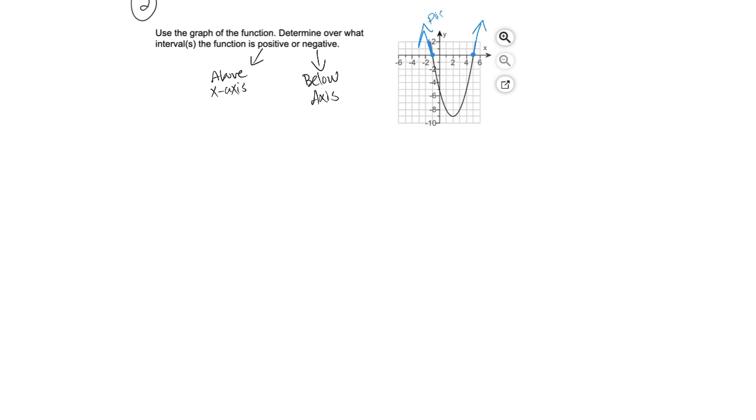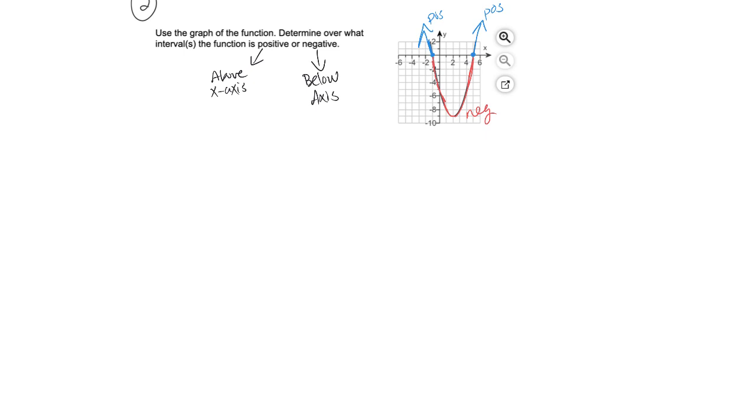Right, so this is positive and this is positive. When it's negative, it's below, so it's down here to here. It does not include those points where y equals 0, because when y equals 0, it's neither positive nor negative.